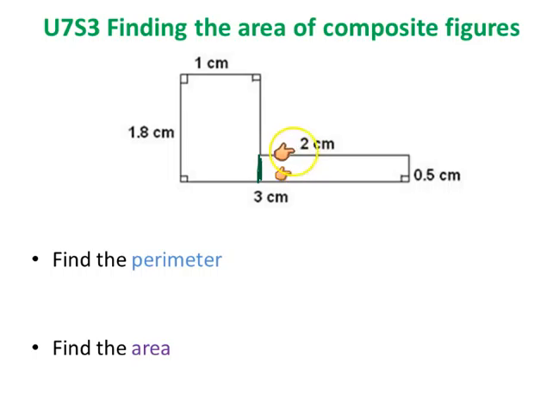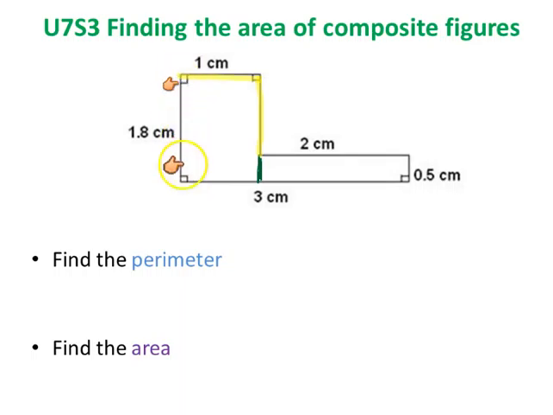So to find the perimeter, all we have to do is pretend we're walking around that shape and add the numbers as we go. So we've got 1 plus, ooh, this side doesn't have a side length on it. What is that side length? Well, we need to use the information that's given to us to help us find that side.